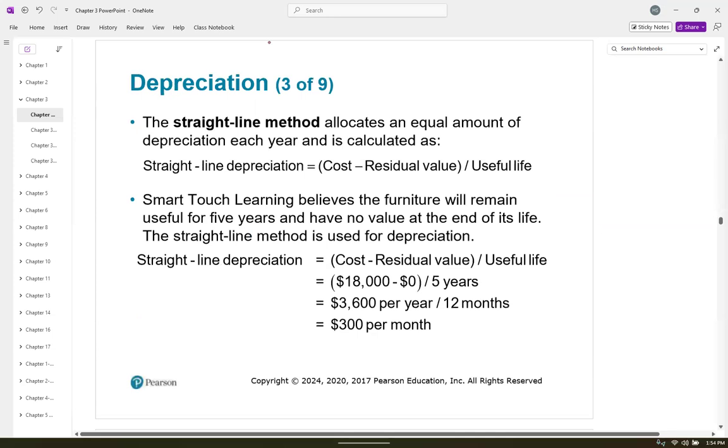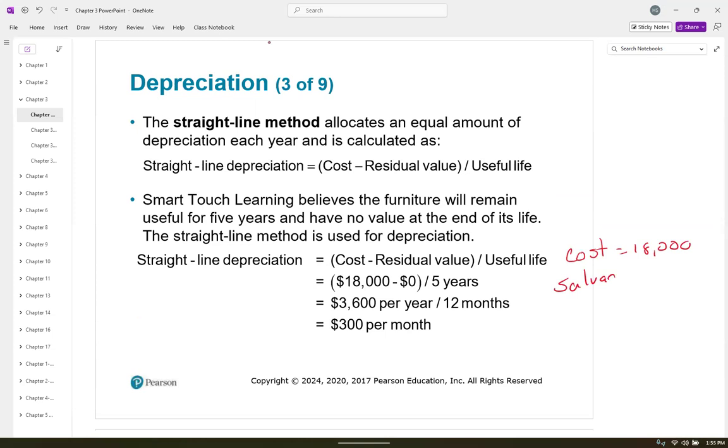The problems in this chapter aren't going to make you calculate the depreciation. They may tell you exactly what it is. They didn't make us calculate this, but you can see it had a cost of $18,000 and a salvage value, or residual value, of 0, and the estimated life was 5 years.